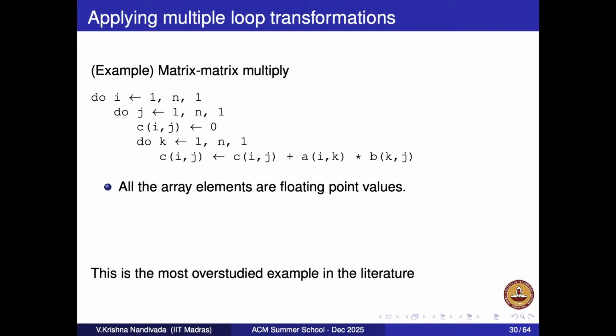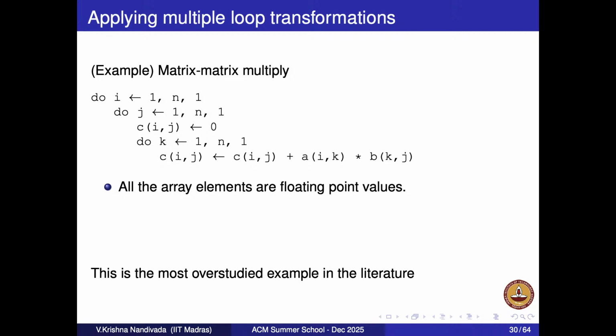I goes from 1 to n, increment of 1. J goes from 1 to n, increment of 1. This is array C sub ij. Let's say I want to multiply A times B, where A and B are matrices of size n, and store the result in C. So C equals A times B. For each i, for each j, I initialize an element Cij to 0.